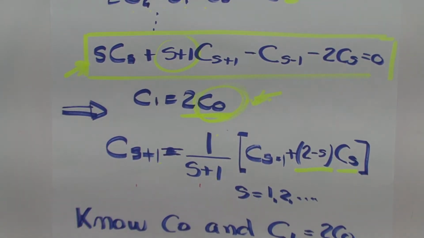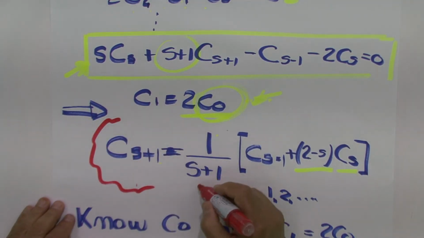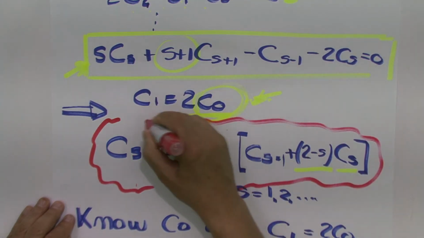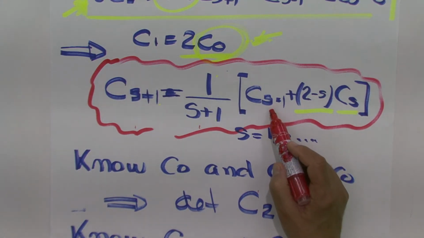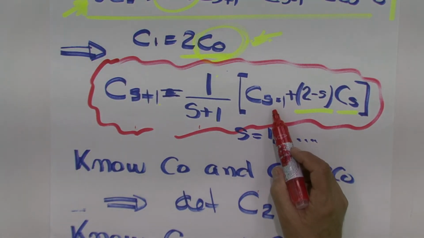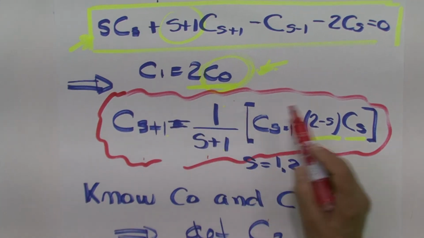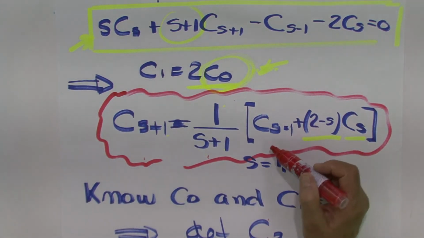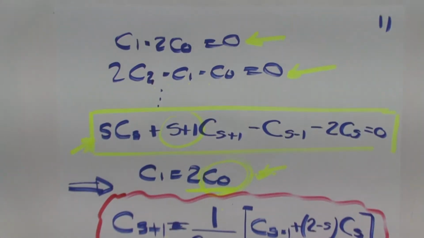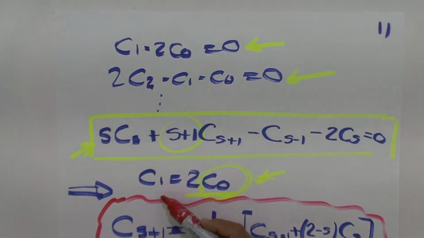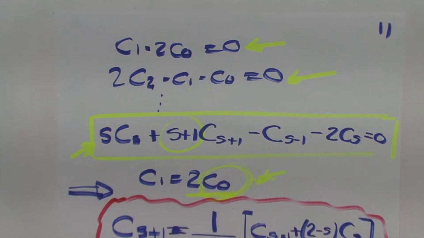So what I have here is a very, very important example, because I'm able to construct a recurrence relation for the coefficients. If I give you the smallest one, s is 0. If I give you C0, I know C1, because they are related by the independent term.